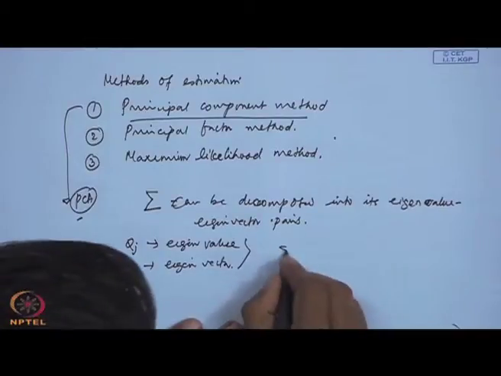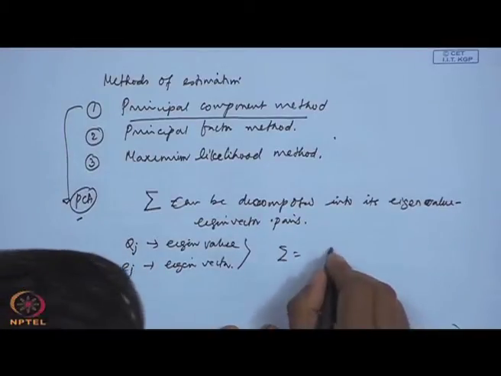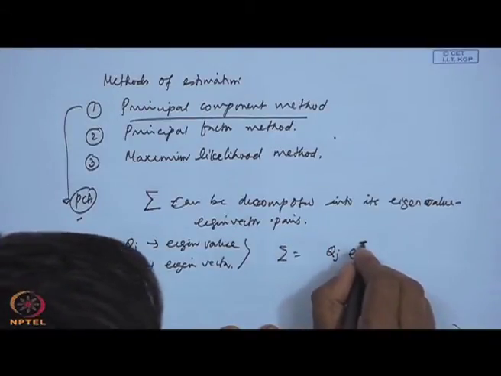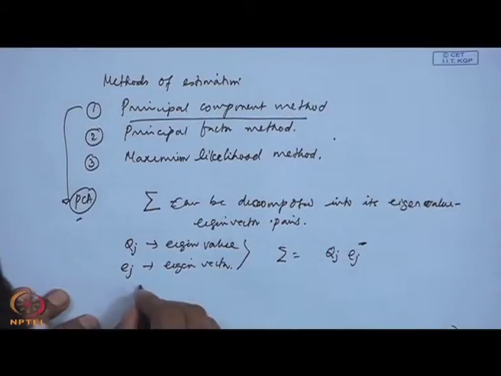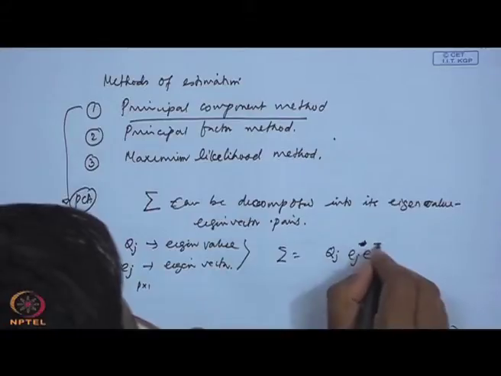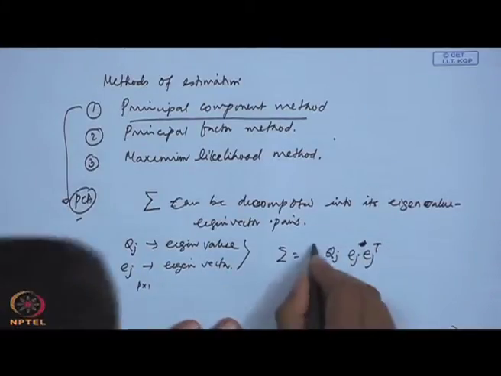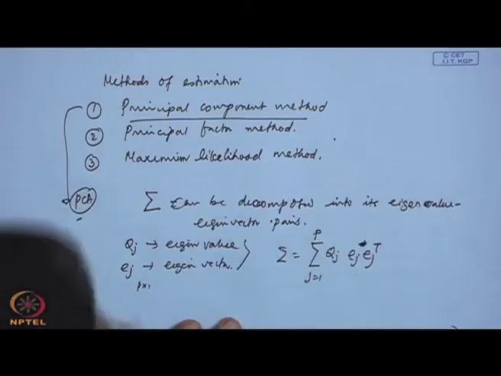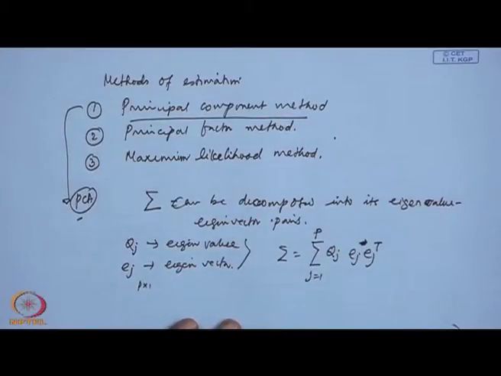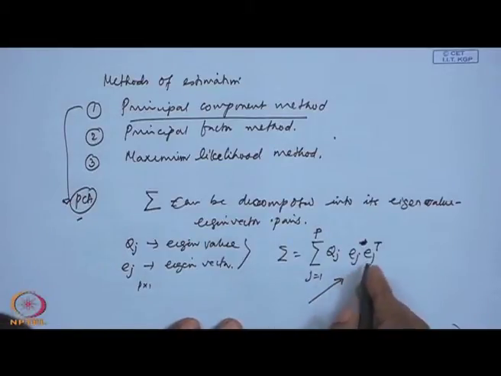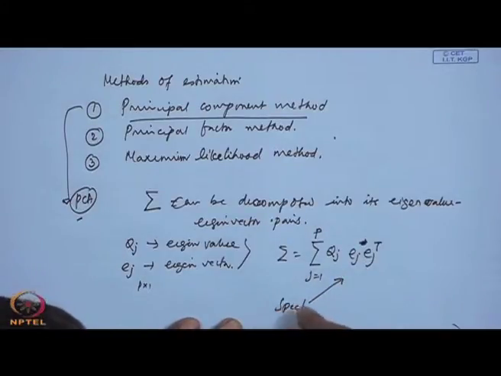You can write that sigma is the summation over j equal to 1 to P of Qj, Ej, Ej transpose, where Ej is P cross 1. This is known as spectral decomposition.